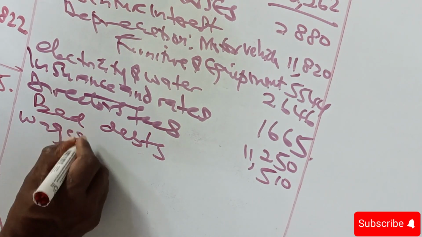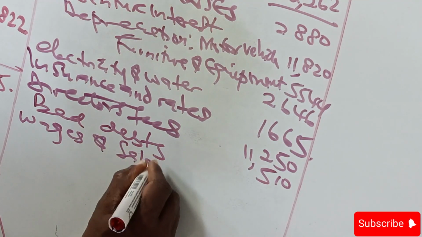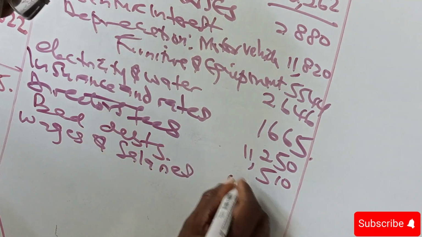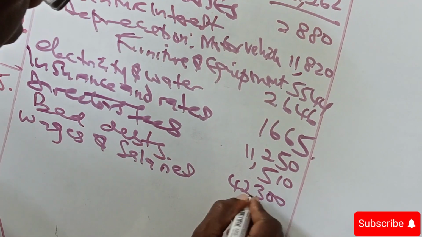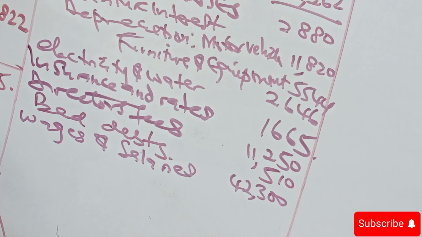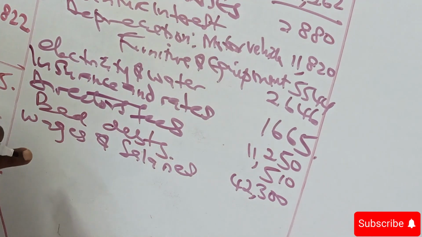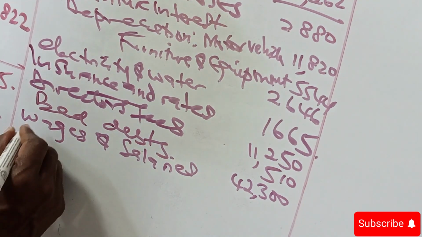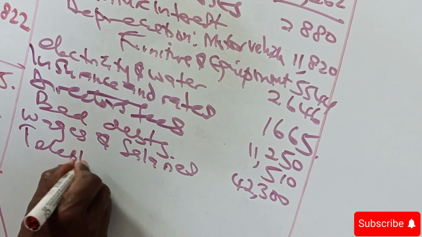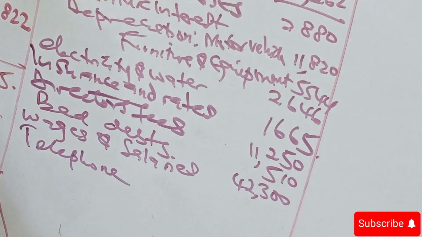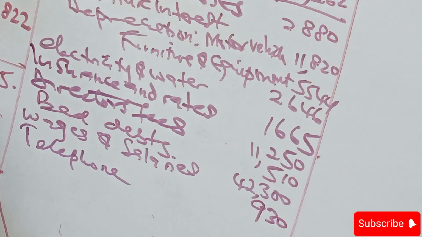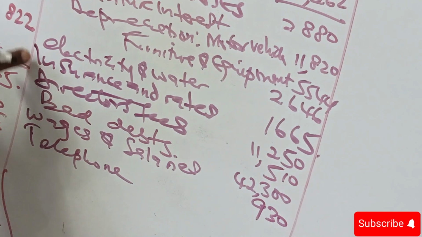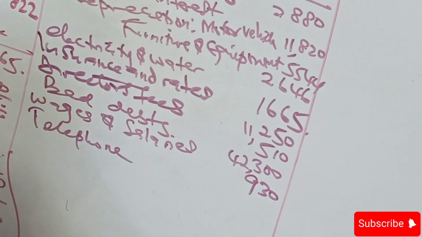Wages and salaries 42,300. Insurance and rates. We have captured insurance and rates. Telephone expenses amounting to 930. Electricity and water is there.